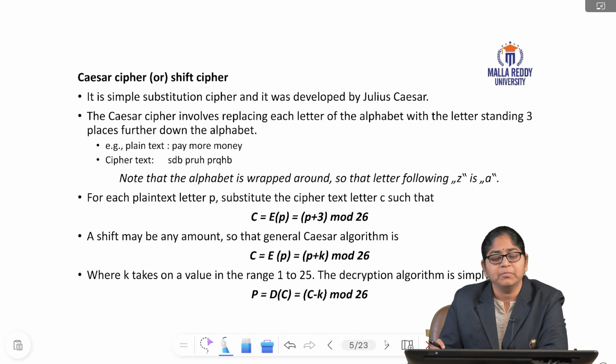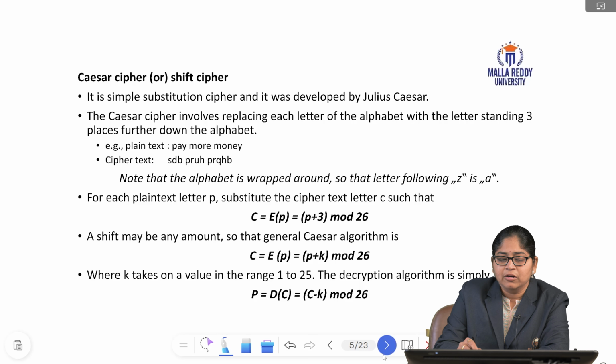The formula for Caesar cipher encryption is C equal to (P plus K) mod 26, where P is the plaintext and K is the key value. We apply the mod 26 operation, and at the receiver side, to get the plaintext again, the Caesar cipher uses the formula P equal to (C minus K) mod 26.